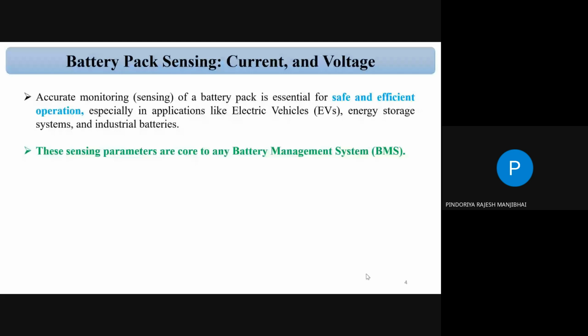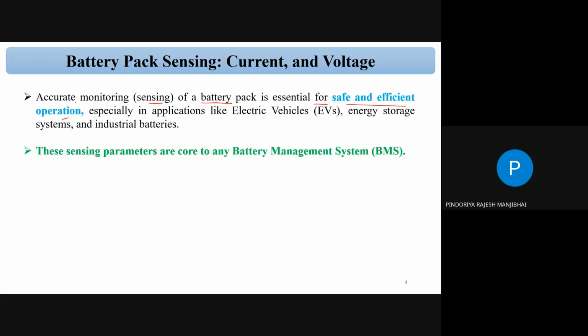For battery pack sensing, there are current and voltage, because current and voltage are the most important part, and then the temperature. So why is sensing important? Accurate monitoring and sensing of the battery pack is essential for safe and efficient operation.